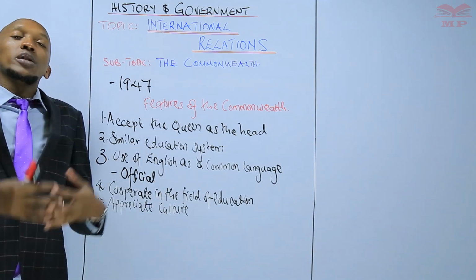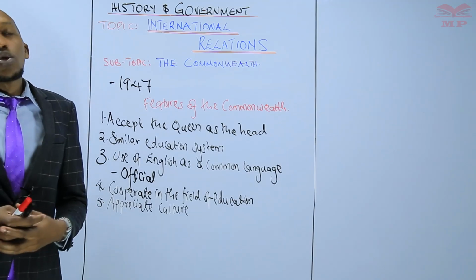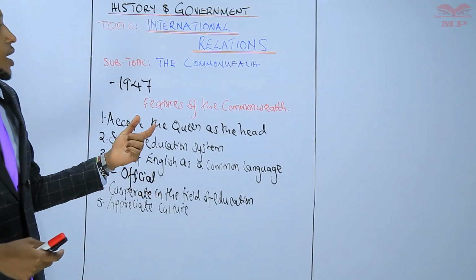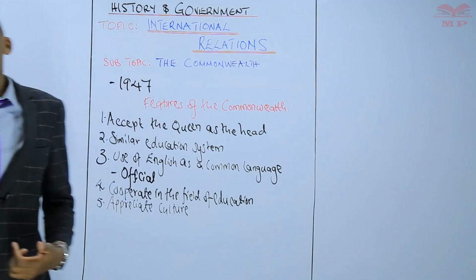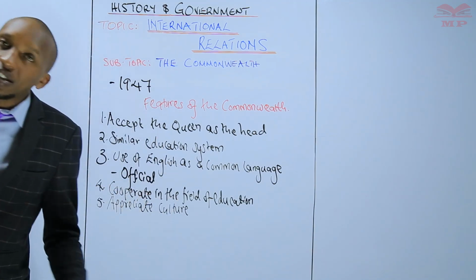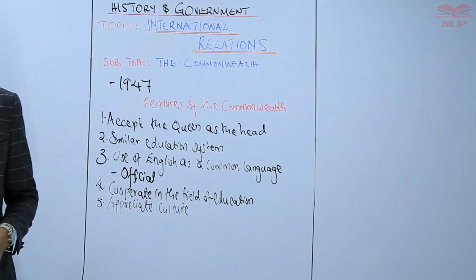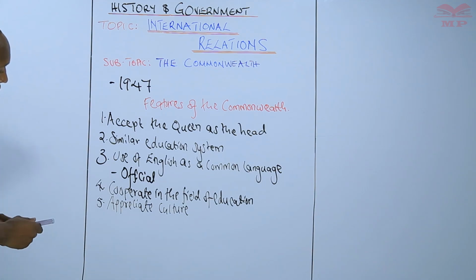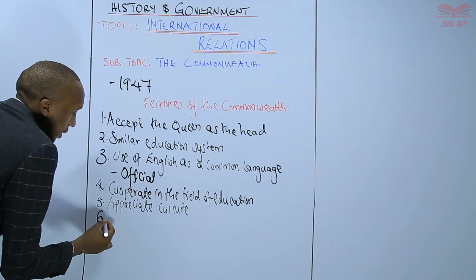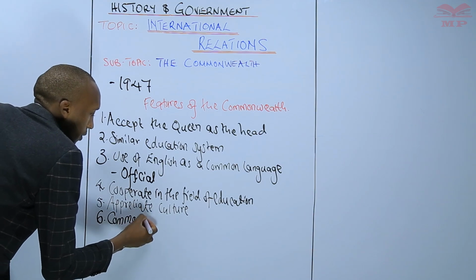These are people with different cultures and different beliefs. So a feature of the Commonwealth is that each and every country recognizes and appreciates the cultures of other members. And then number six, all members participate in the Commonwealth Games.